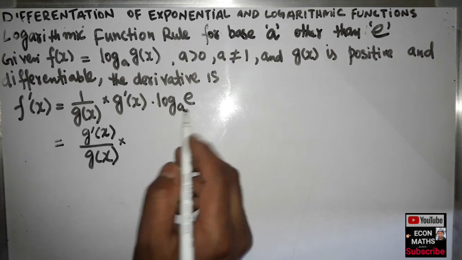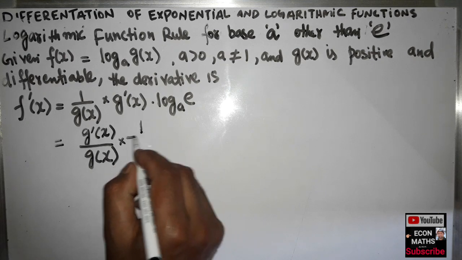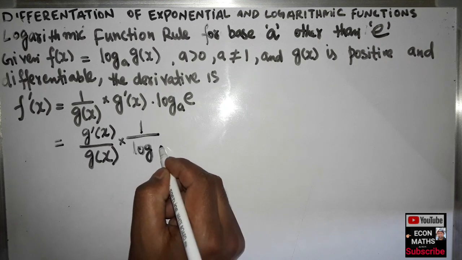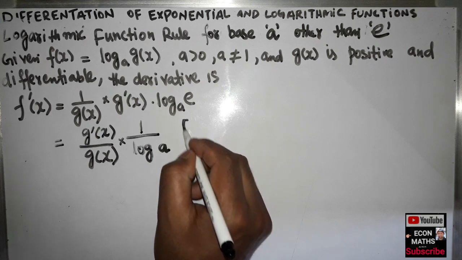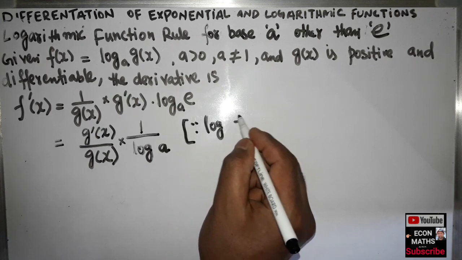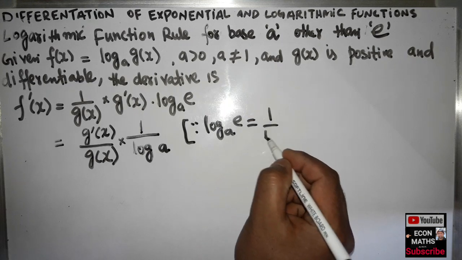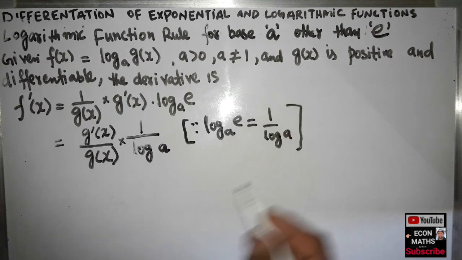Now in place of this I will write 1 over log of a, because log of e to the base a is equal to 1 over log of a. So with an example we will see what this means.